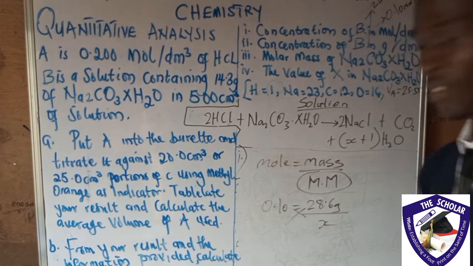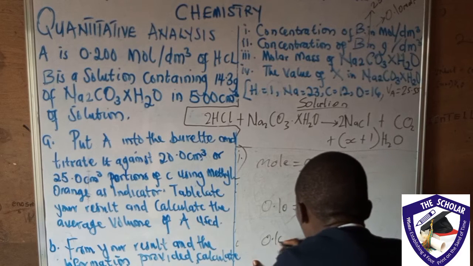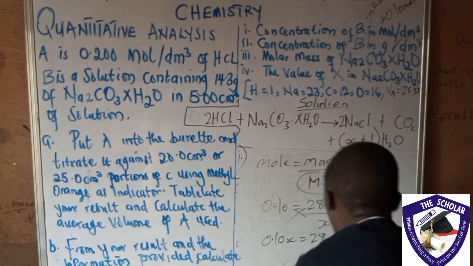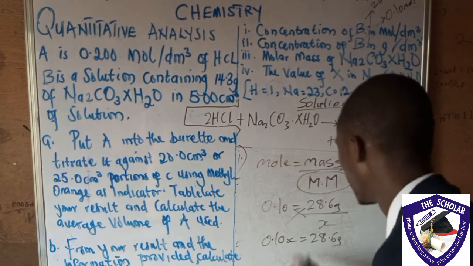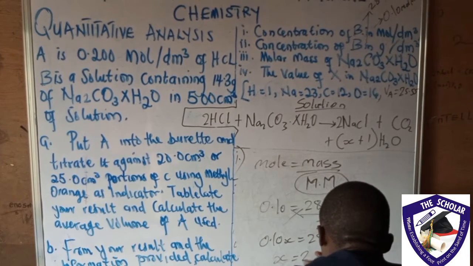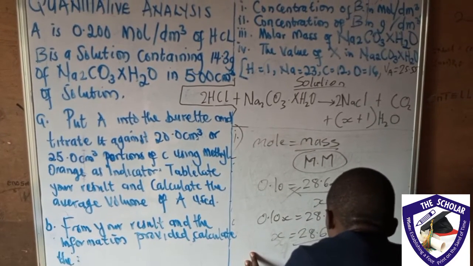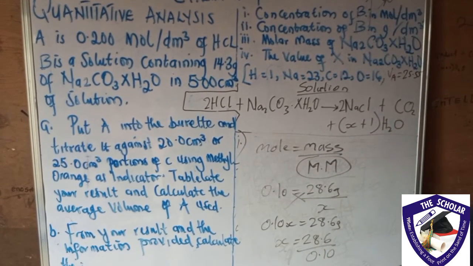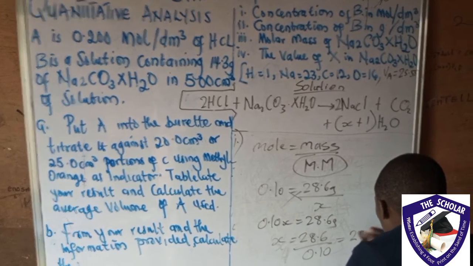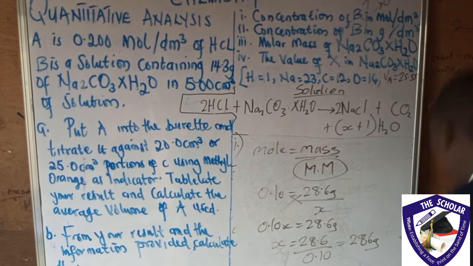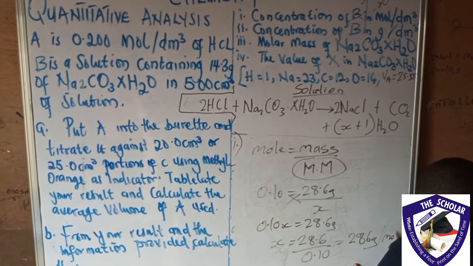So you cross multiply. We have 0.10x equals 28.6 gram. Then you divide both sides by the coefficient of x. So x is equal to 28.6 divided by 0.10. When you divide 28.6 by 0.10, you should be getting 286 gram per mole.